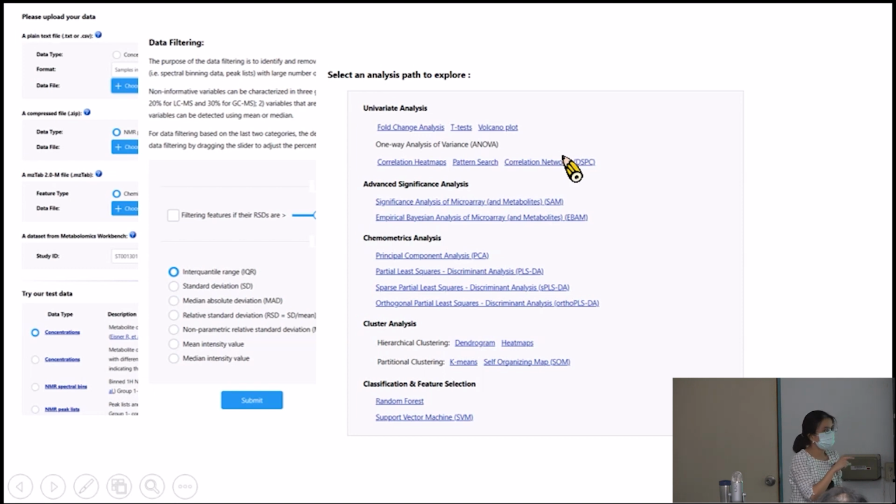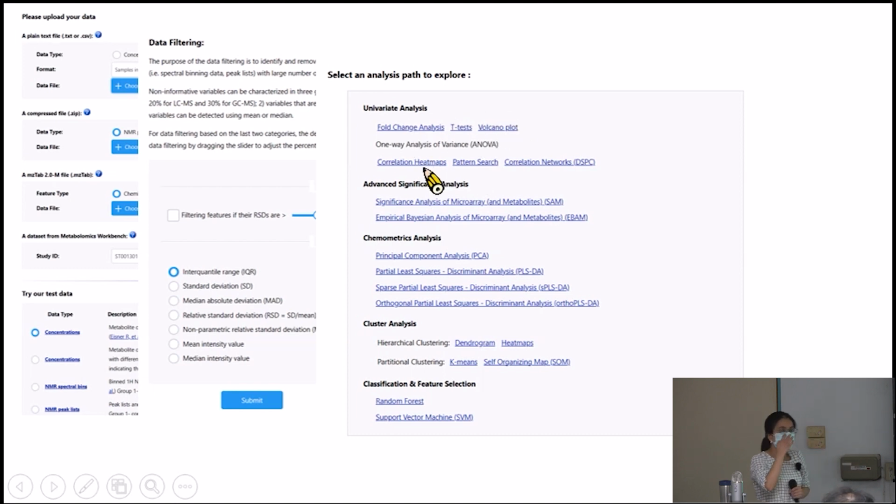And this data can be presented in multiple forms. You can present your data as the fold change, or as a volcano plot, or as a heat map.